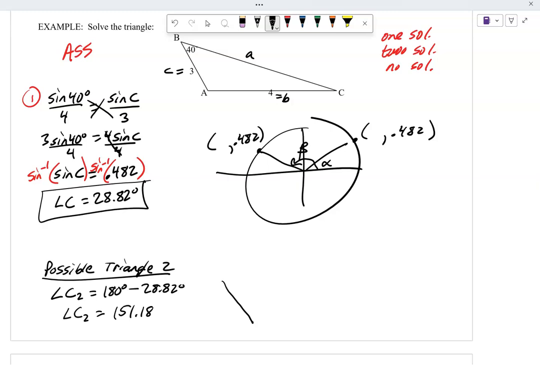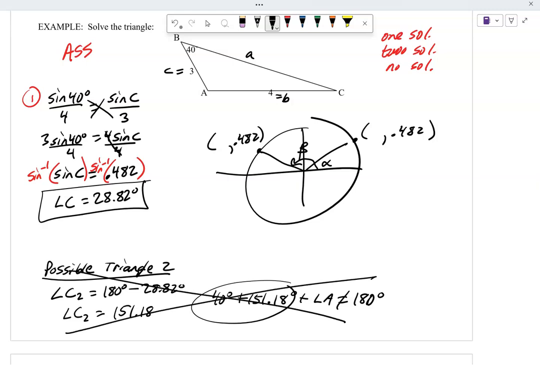But the problem with that is, so let me draw that triangle. Have 40 degrees. I won't even draw this stupid thing. 40 degrees, 151 degrees, plus angle A cannot be 180 degrees, right? This is too much. I got 191.18 already. So there is no possible triangle 2.